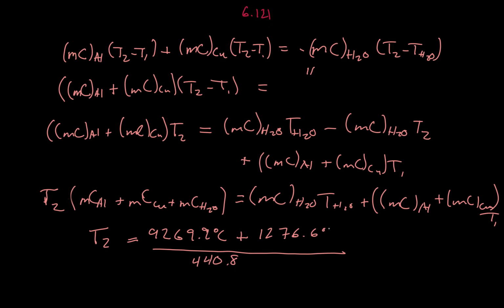Right, this here was also degrees Celsius. Sorry. Okay, let's see what we get. 269.9 plus 276.6 over 440.8 equals 23.9 degrees Celsius. There you go. There's your answer.